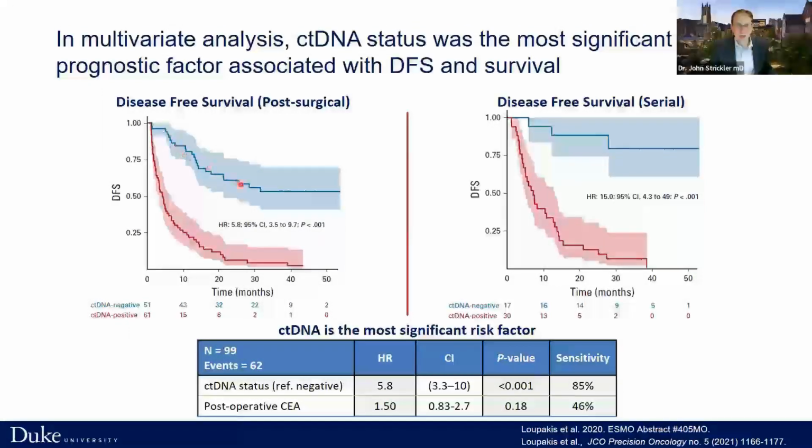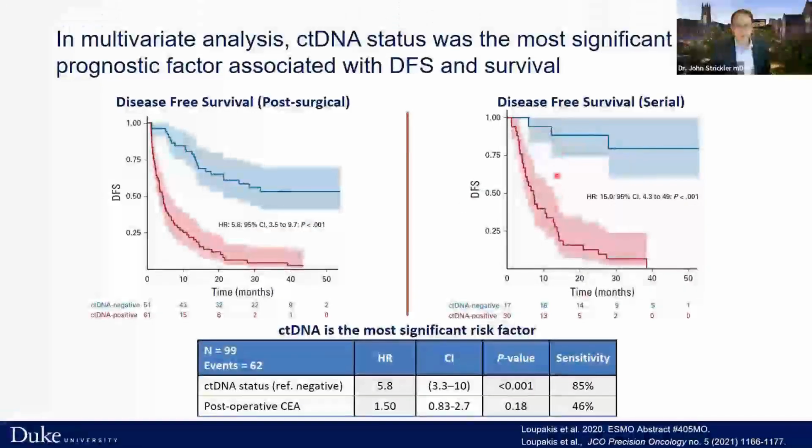And I would say that the blue curve clearly has better disease-free survival than the red curve. And this is telling us the blue curve are those patients who are ctDNA negative immediately after surgery. And then this is people who had negative circulating tumor DNA over time or with serial draws. So this is a pretty wide gap.